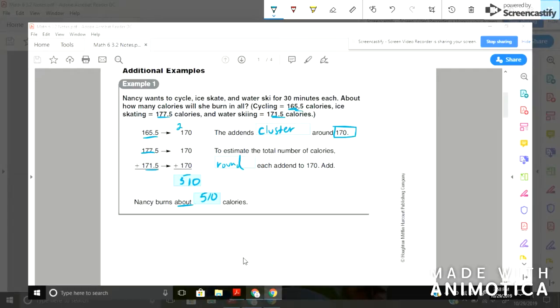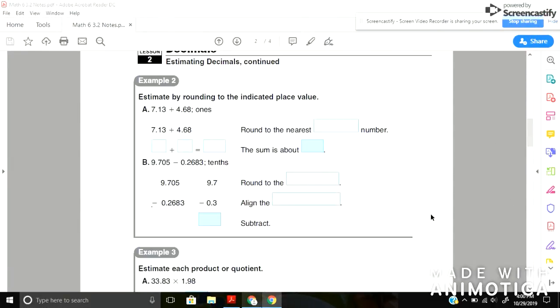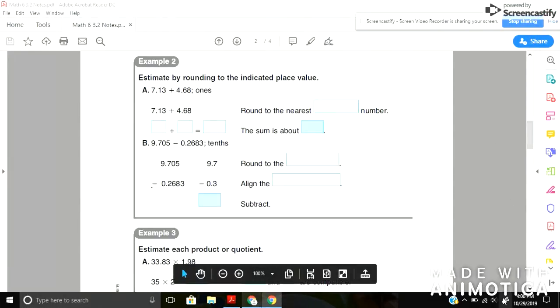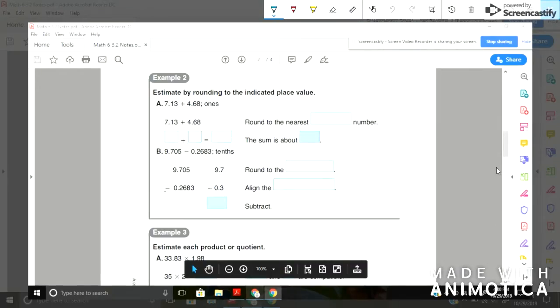Okay, go ahead and turn the page then, and we'll look at example number 2. Example 2 says estimate by rounding to the indicated place value. All right, so for letter A, it says 7.13 plus 4.68.